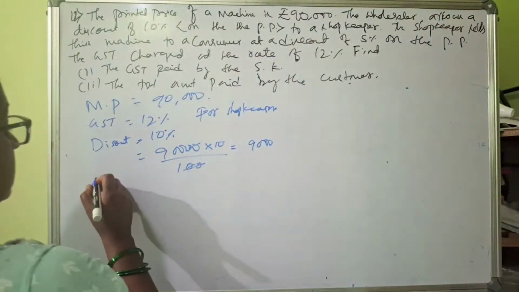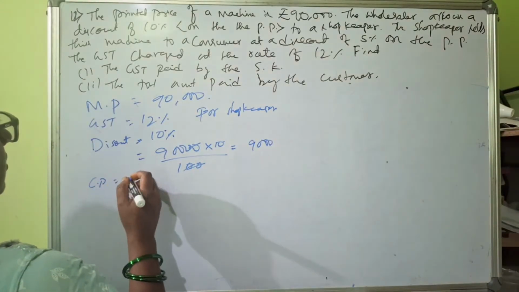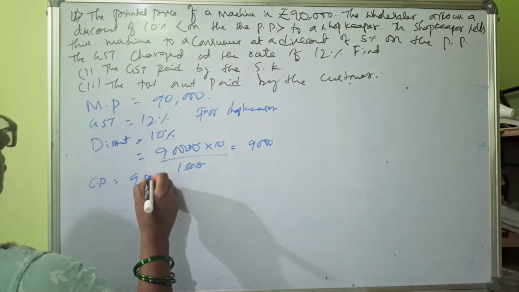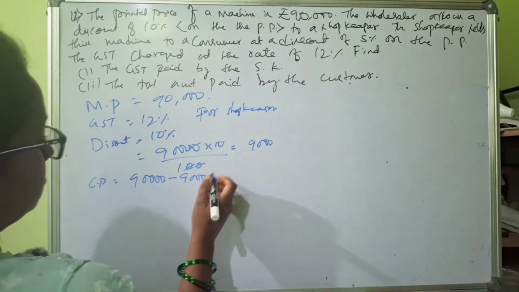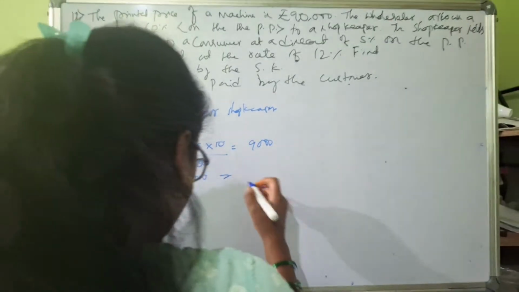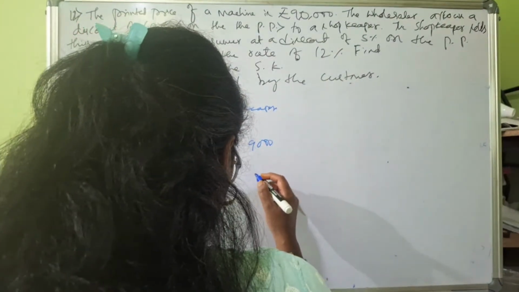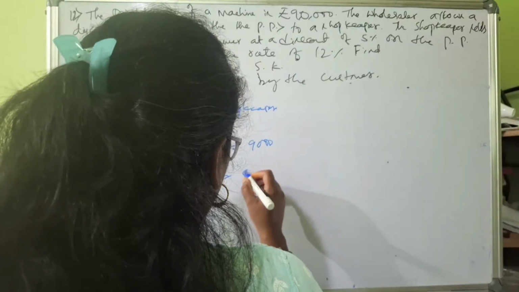So the cost price for the shopkeeper is 90,000 minus 9,000, which is equal to 81,000.